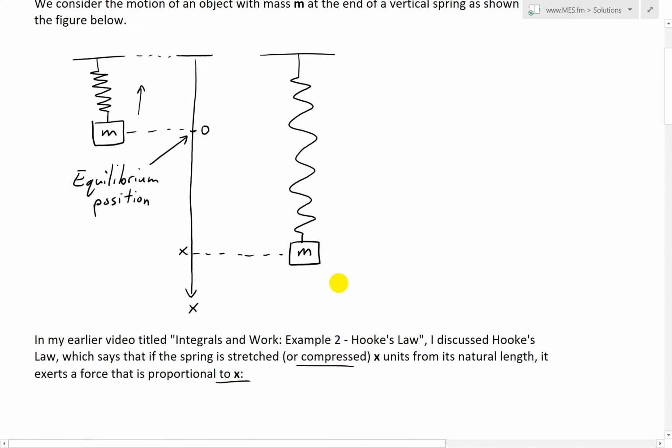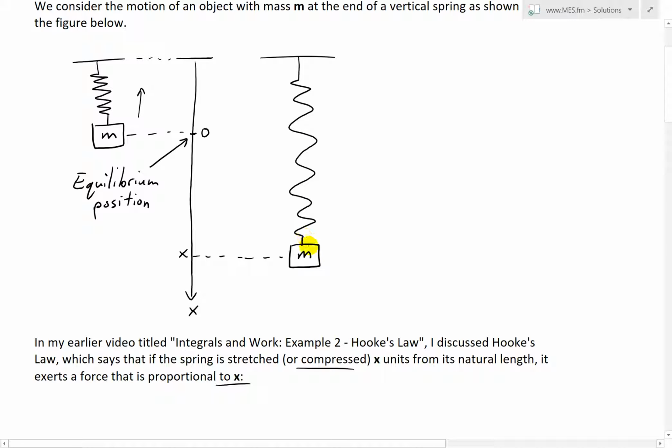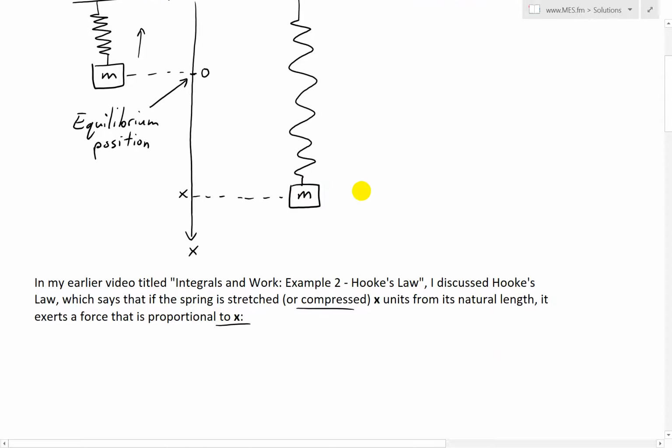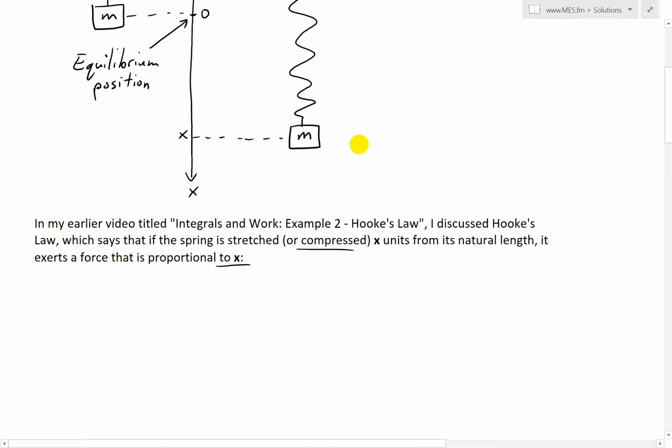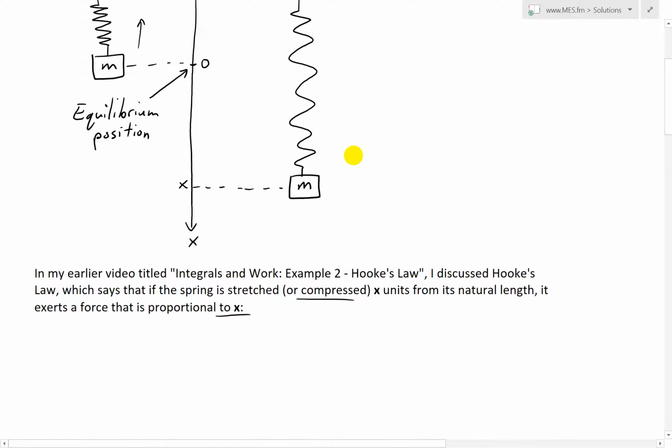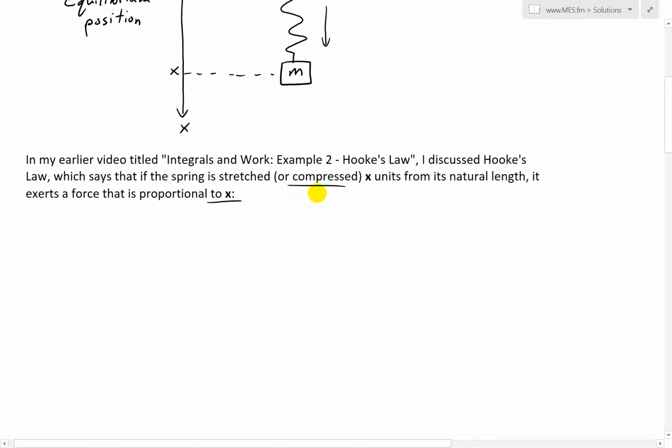And this makes sense because, as you can see, when you pull a spring farther and farther, it becomes harder and harder to pull it. So again, that force needed to pull it is going to be proportional to x. It would increase how much force you need to push down on it as the length gets more and more.